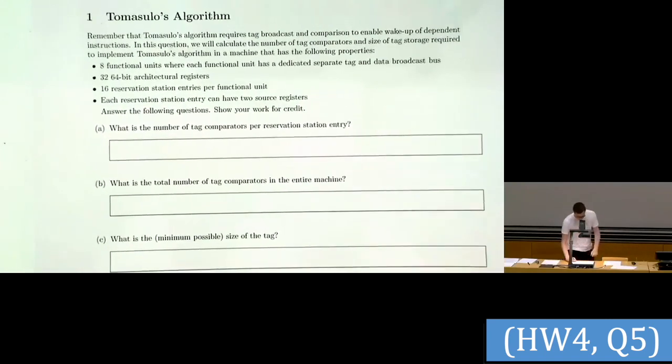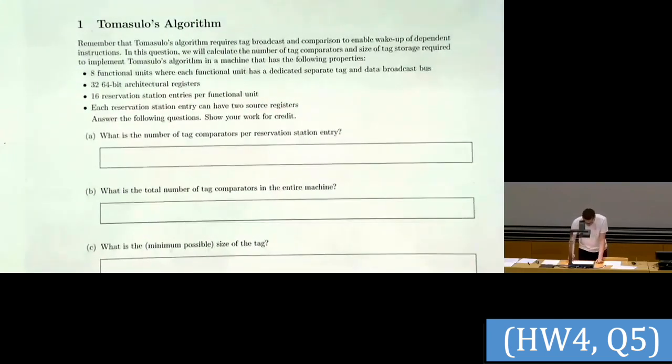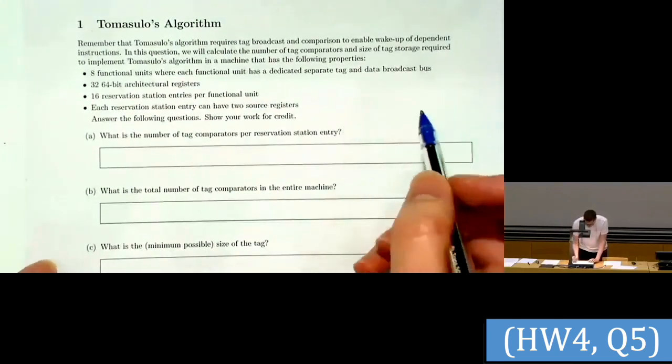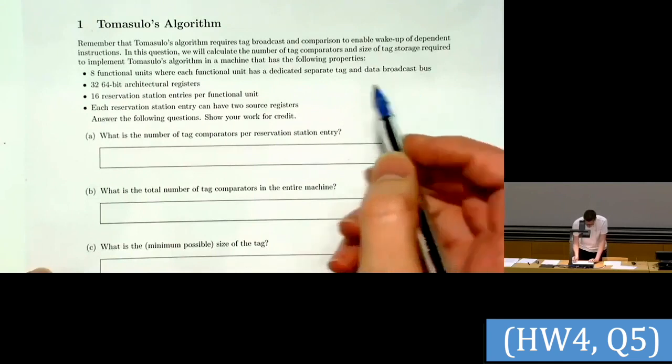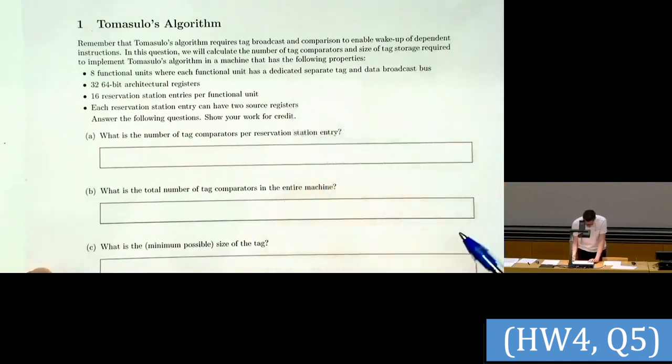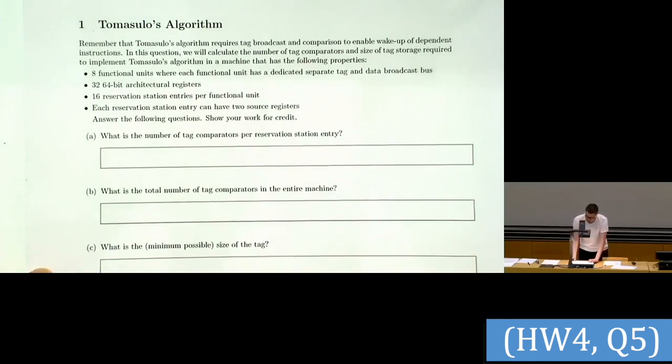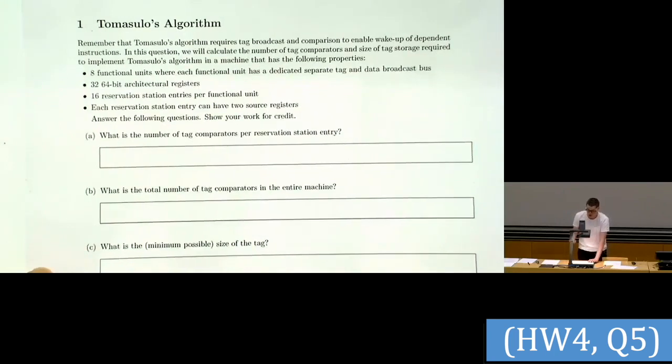I'll just quickly read the question. This is a question that doesn't require too much computation or knowledge about exactly how the algorithm works, but it's asking more about the overhead and how many functional units or comparators you need in your design.